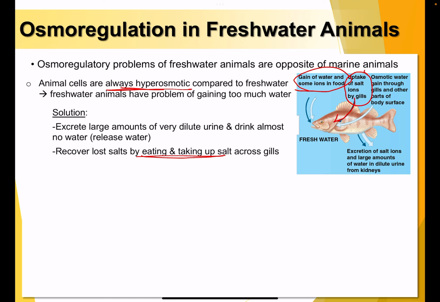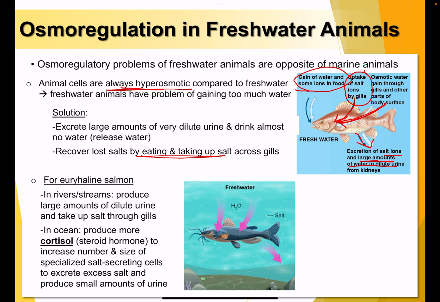The gills will try to trap some ions, and water will just go inside the fish freely due to osmosis. So all that water that's constantly moving into the body, let's pee it all out. Excretion of salt ions and large amounts of water in dilute urine from their kidneys will be their adaptation against being in the freshwater environment.